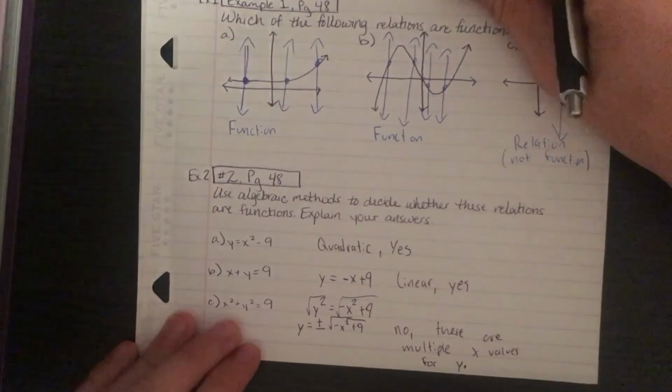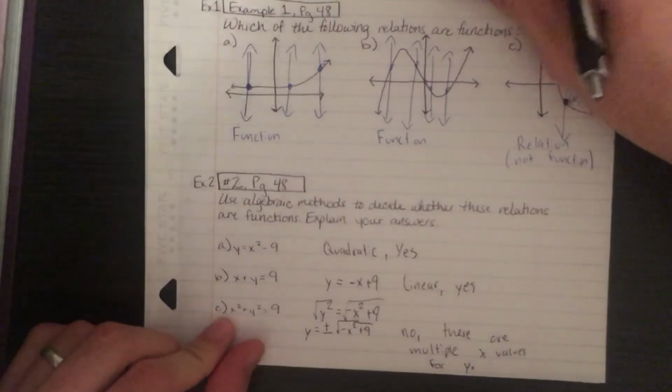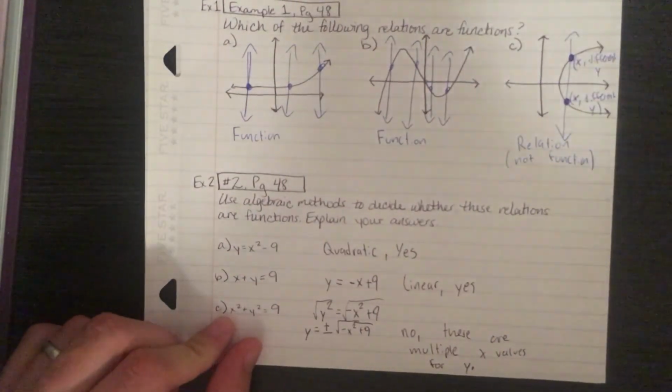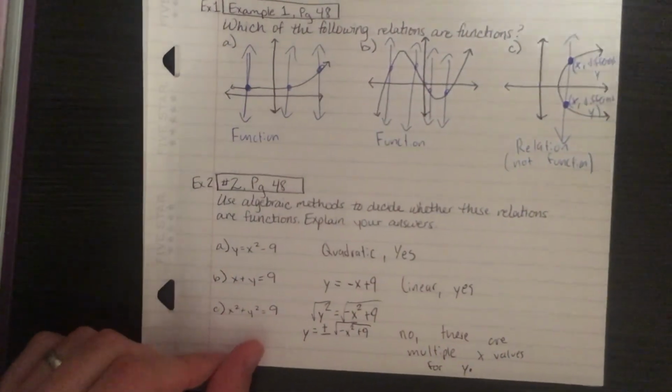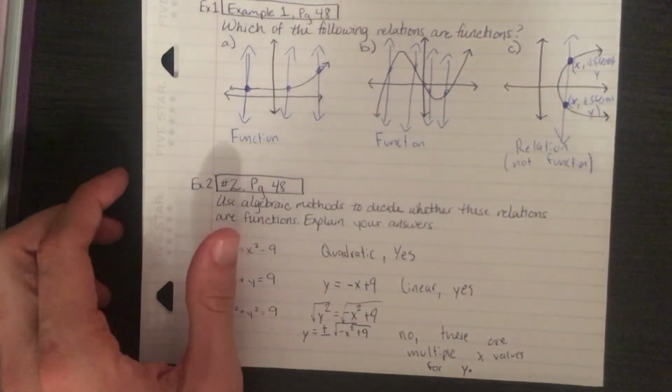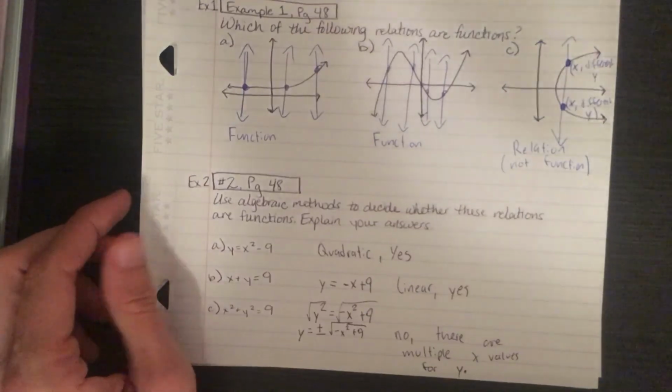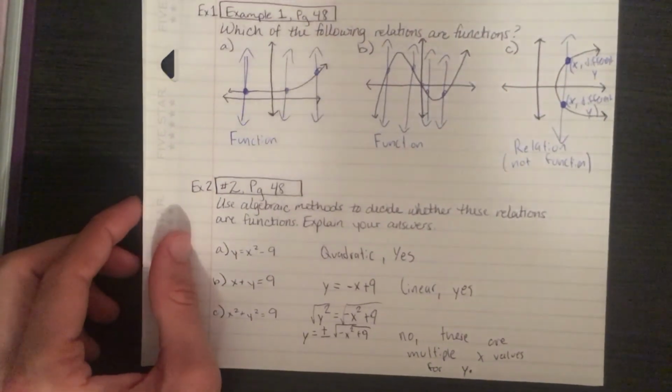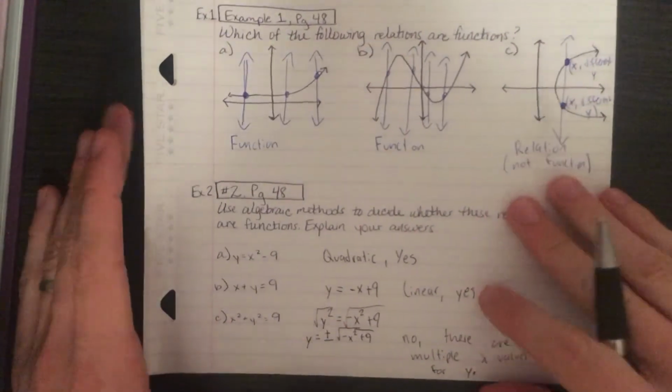And if you actually graph this original one, you can do that on Desmos. It's actually the graph of a circle, and a circle will never pass the vertical line test. So then that's a start on relations and functions there.